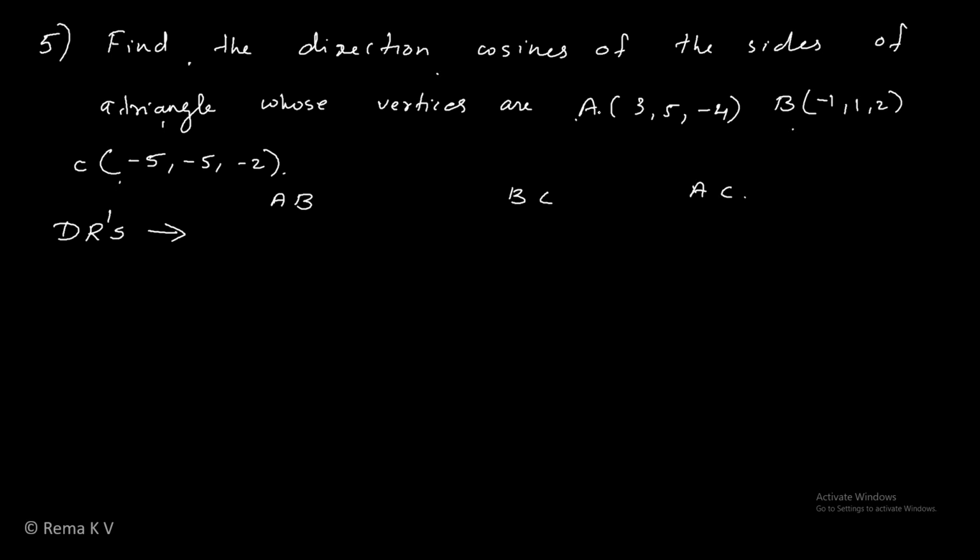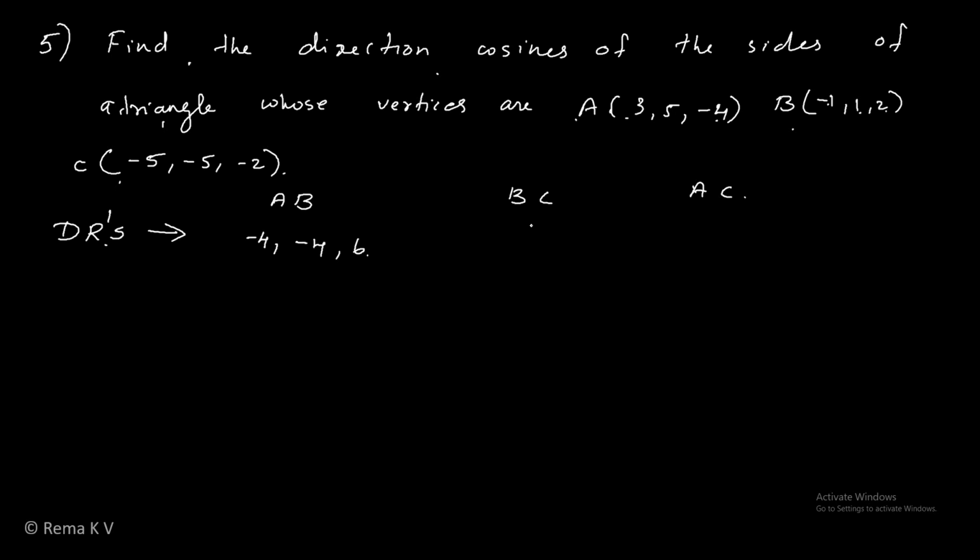The direction ratios of AB: minus 1 minus 3 is minus 4, 1 minus 5 is minus 4, 2 minus minus 4 is 6.